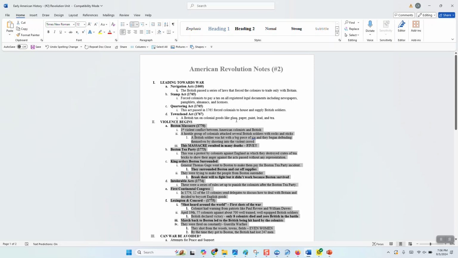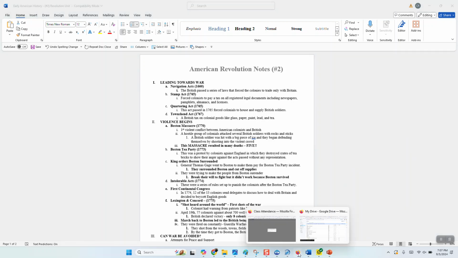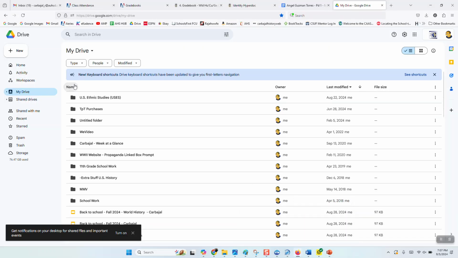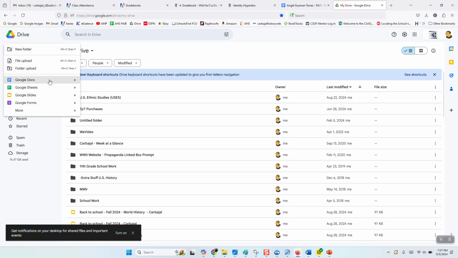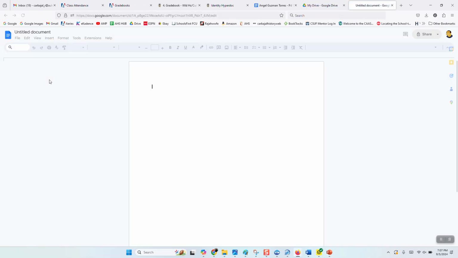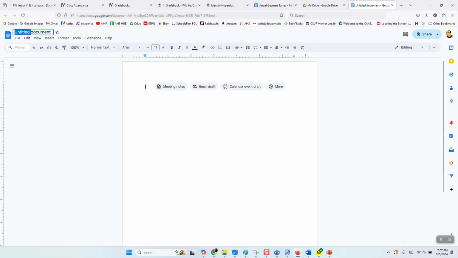You're going to take the information from these 2 sections and you're going to write a one-page movie preview on a Google Doc. So you're going to quickly go open a Google Doc and you're going to title it same as kind of before, first and last name, period, then dash, Revolution movie preview.